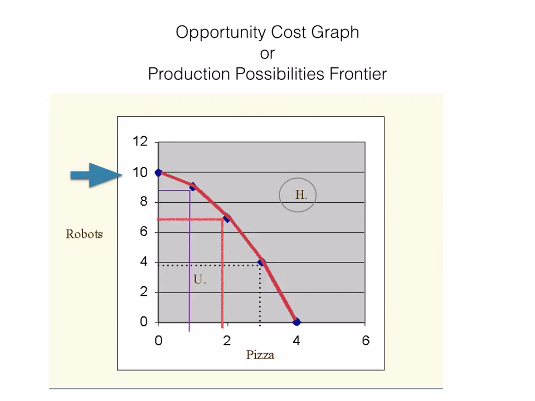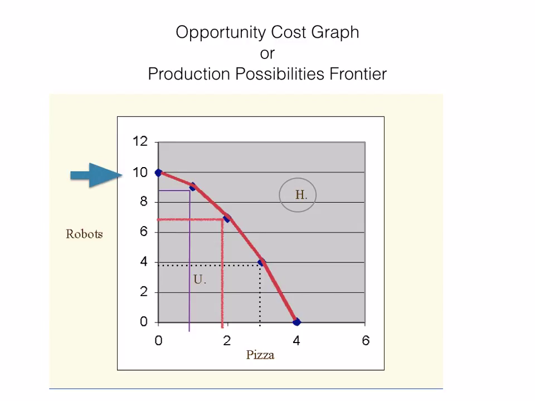So what this shows us is that goods are not all relative, and as you increase the amount of one thing, you're going to lose more of the other. So our opportunity cost becomes greater the more we produce of the other.